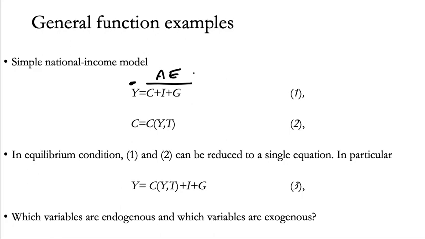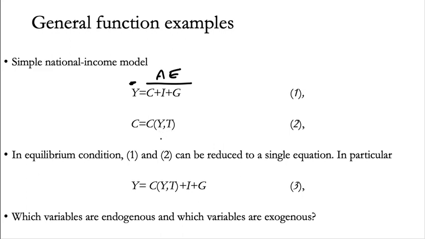As you can see, in this function it doesn't show any value for C or I or G, so you can't add all of C plus I plus G to get the final result of Y. And C here is written in a generic form. C is a function of Y, income, and also T, taxes.